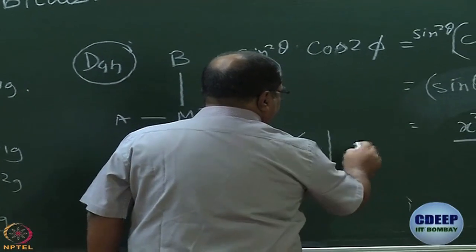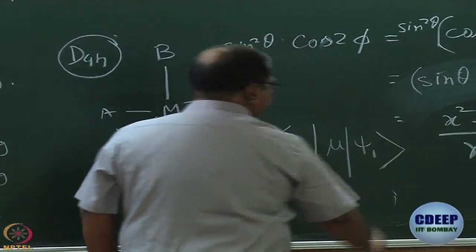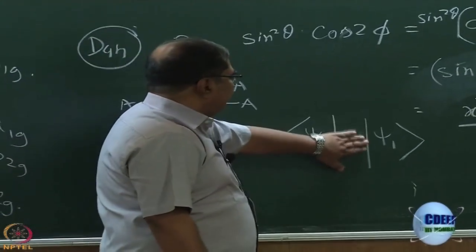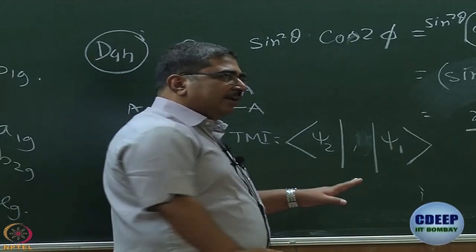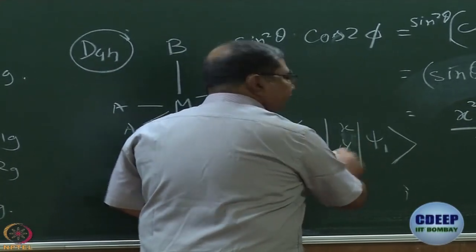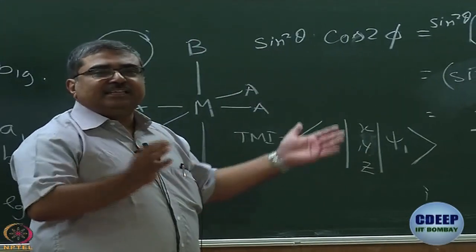Psi 2 mu psi 1, right. As usual, instead of mu, we will work with the x, y and z components, okay. And do you find it difficult to understand if I write like this? What I have done is that I have essentially written 3 integrals together.